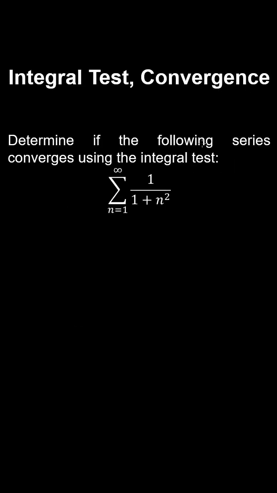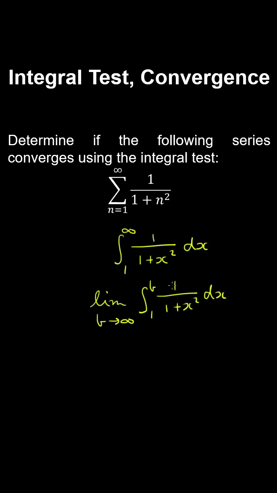Let's determine if the following series converges using the integral test. Well, from this series, we can define a function that's positive, continuous, and decreasing from 1 to infinity. And because this is an improper integral, we can take the limit of a dummy variable and replace infinity, and now we can evaluate this integral and then take the limit. So what we get is the following limit.